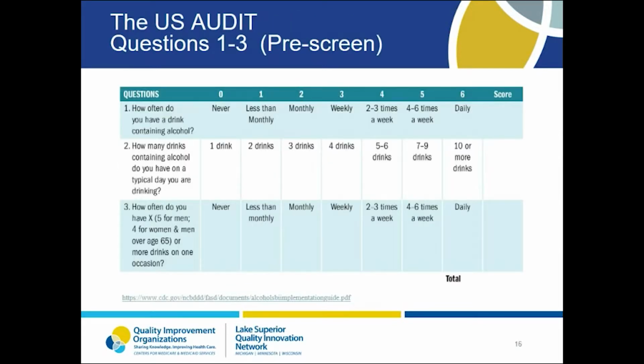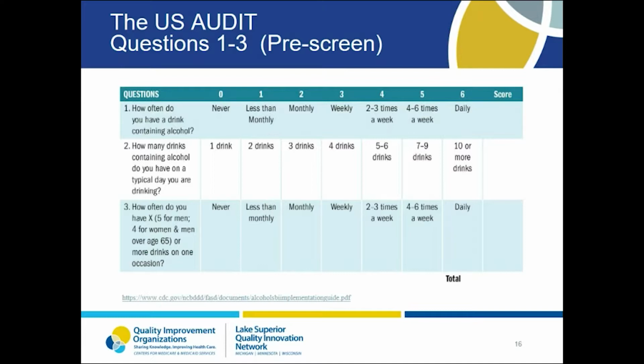So how does the US AUDIT 1 through 3 correlate with these guidelines? You'll notice that the US AUDIT 1 through 3 has 2 additional response options that provide more opportunity for clarifying the patient's alcohol consumption. The AUDIT-C is scored on a 0 to 4 scale, and the US AUDIT is scored on a 0 to 6 scale.